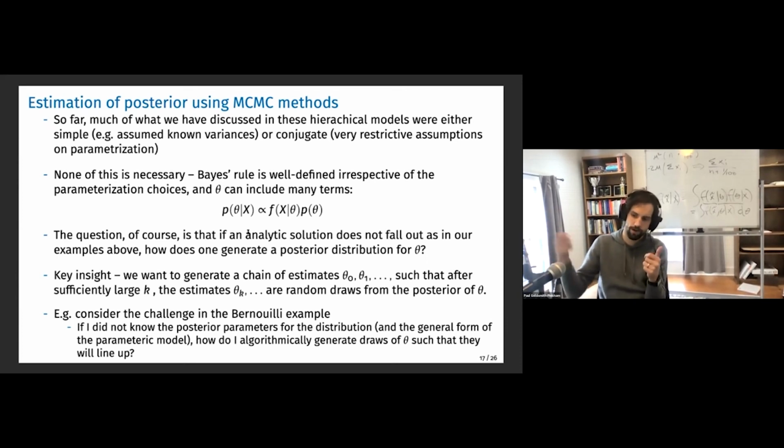So you're generating, from this random process, new draws from the posterior of theta. Consider the Bernoulli example. If you didn't know the posterior parameters for the distribution, and more generally the form, or how to draw things from the parametric model, the question is how do I create draws from theta such that they look like the posterior, or basically the beta distribution?